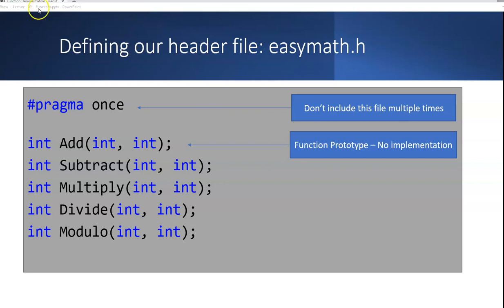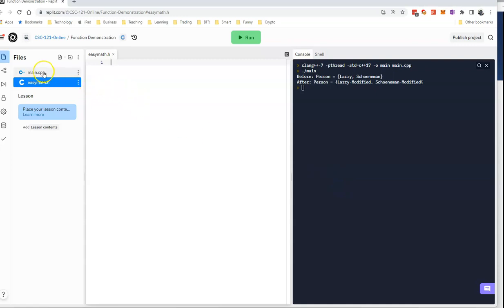So let's come back to our code here. All right. So first what we're going to do is pragma once. What this means is don't include this header file more than once. There's an old-fashioned way to do it too. You can say if not def easymath.h, which defines a preprocessor directive called easymath.h.